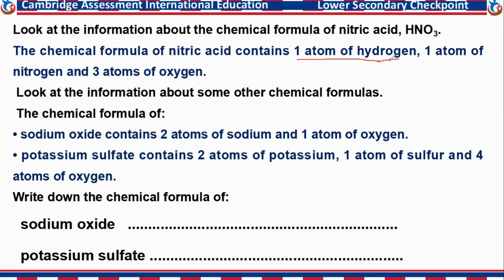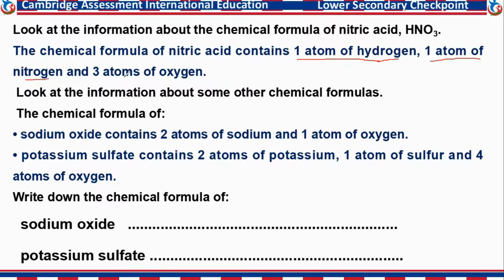But when you begin to have more than 1 atom, 2 atoms, 3 atoms, 4 atoms, then you need to introduce your subscript immediately after the chemical symbol. So in this case, 1 atom of nitrogen, just the symbol.